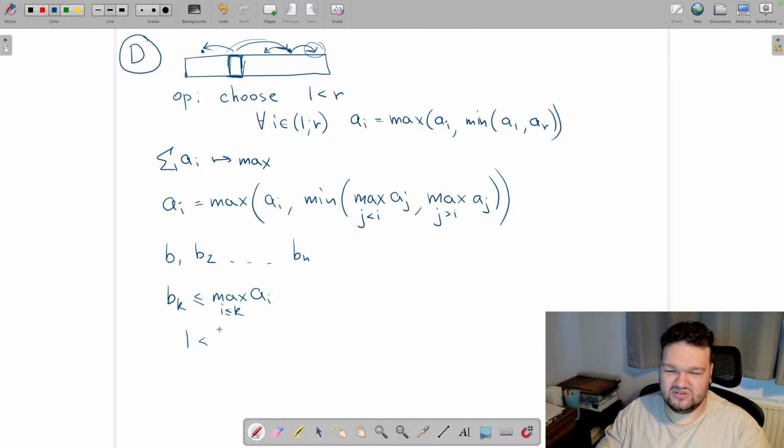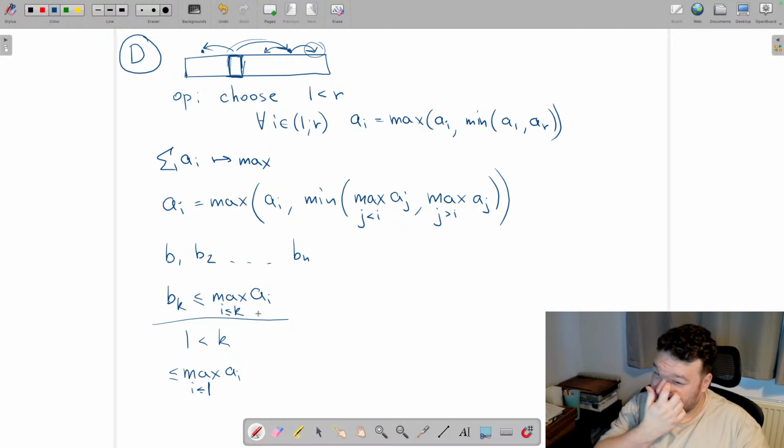If L is smaller than k, then the current value we are taking here is at most the maximum over I at most L of AI, and then we take the minimum with something on the right, so it is even smaller than that, and then we update with this, so it is still not greater than this maximum on the prefix inclusive. So we have proven this for all positions.